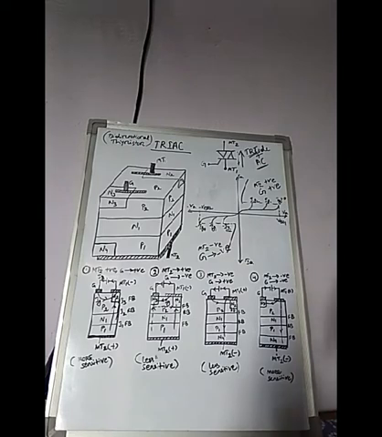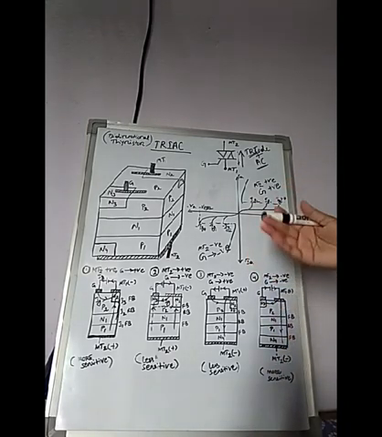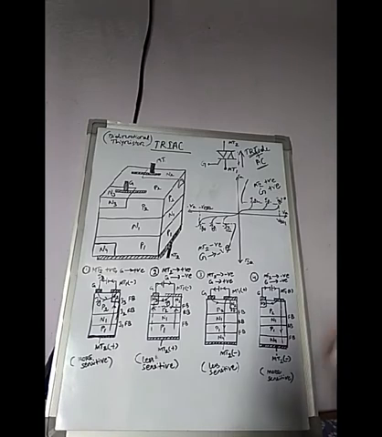Okay, so in which quadrant is the sensitivity low, and in which quadrant is the sensitivity high? In quadrant 1 you know when the sensitivity is low and when it is high, and in quadrant 3 also.